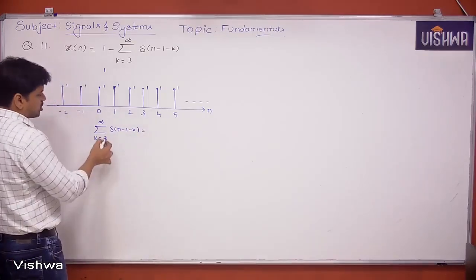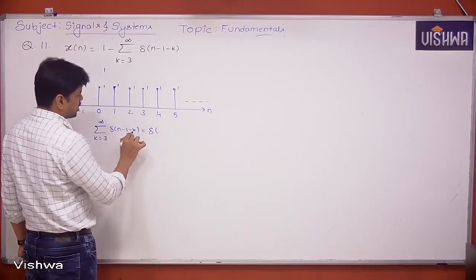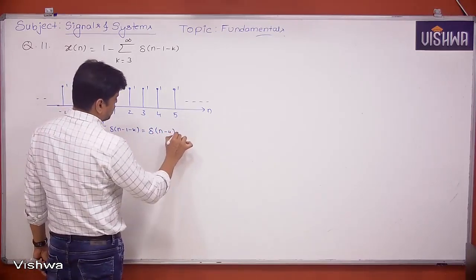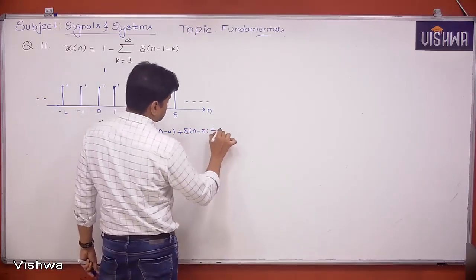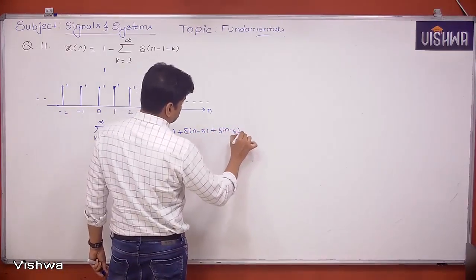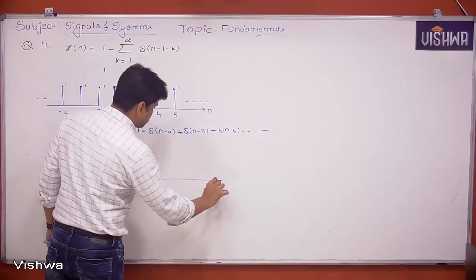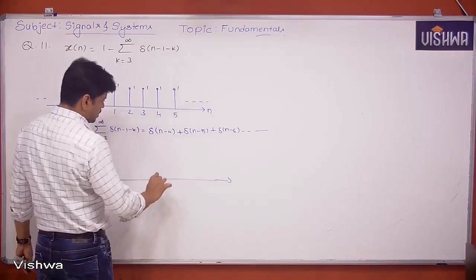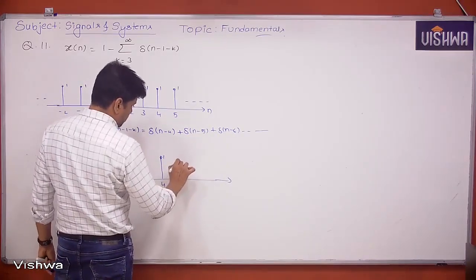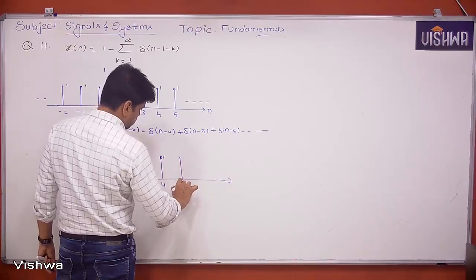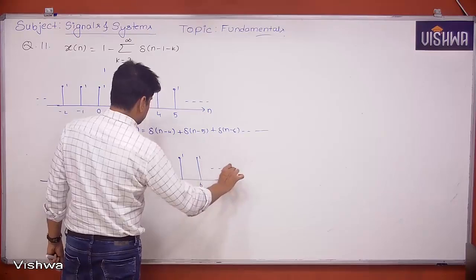If k is 3, then it is delta(n minus 1 minus 3), that is delta(n minus 4), plus delta(n minus 5) plus delta(n minus 6), and so on. If I draw this function, delta(n minus 4) starts at 4, then 5, 6, and so on.